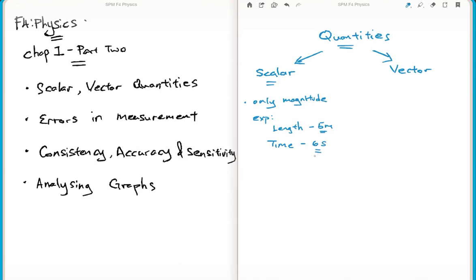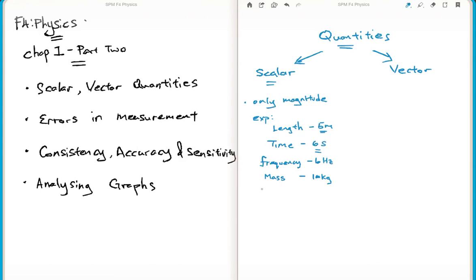There's no way to tell which direction. Or frequency, 6 hertz. Mass, perhaps, 10 kg. These are examples, and there are a lot more.